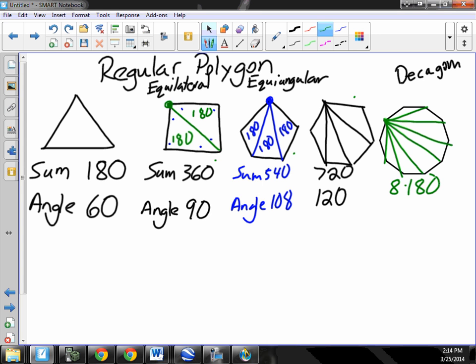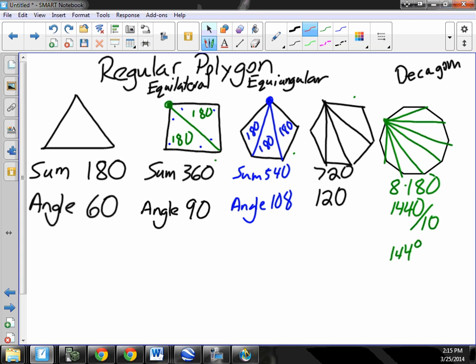What is that? 1440. And I divide that by 10, so 144 degrees in each angle. Now, if you don't like that method, there's another method.